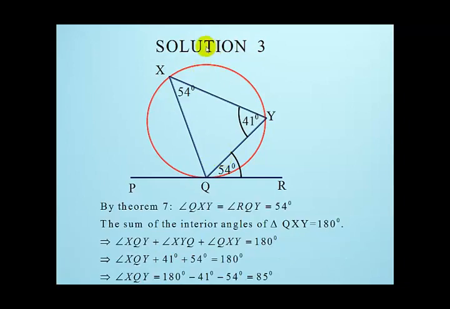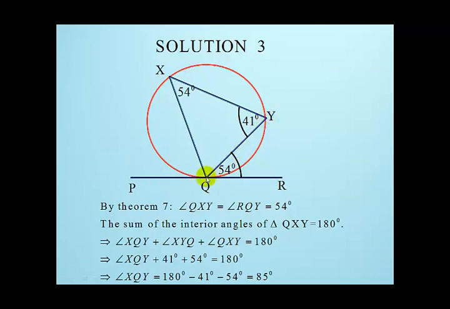Solution. From the question, angle YQR was given to be 54 degrees and angle XYQ was also given to be 41 degrees. Now PQR is a tangent to the circle at point Q, and you know that QY is a chord.